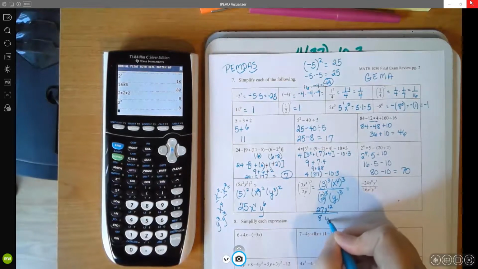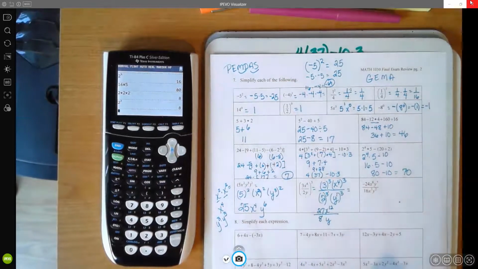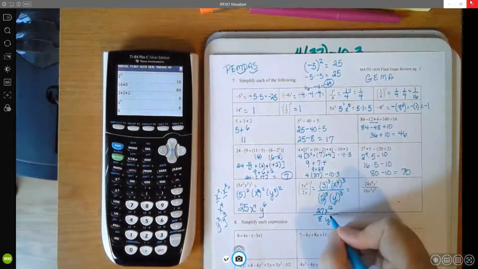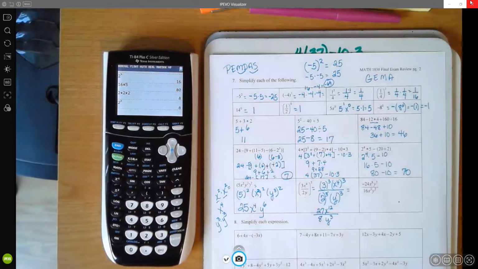And then 3 sets of 1, which would be 3. So our answer would be 27 x to the 12th, 8 y to the 3rd.